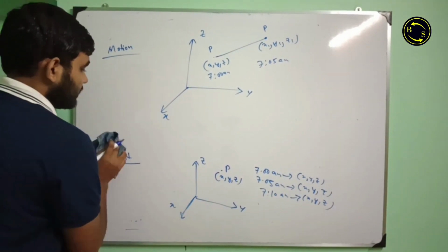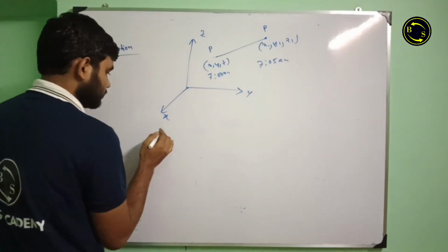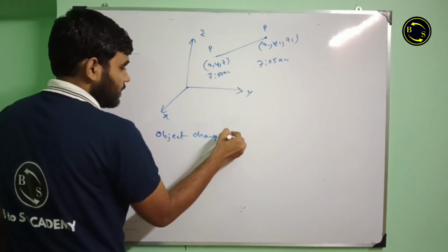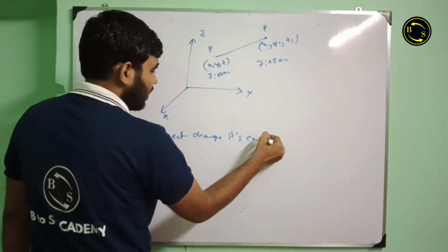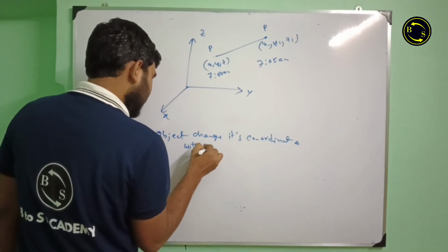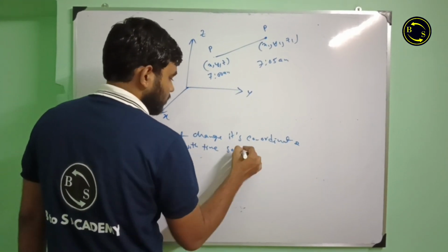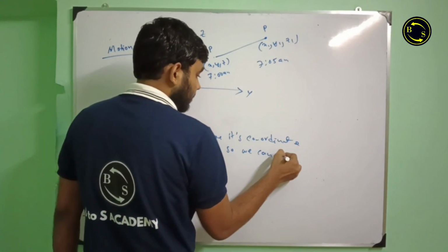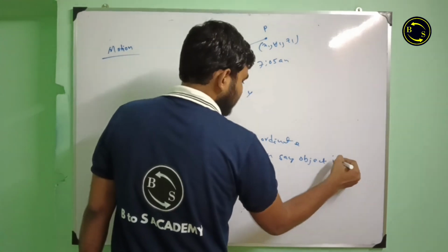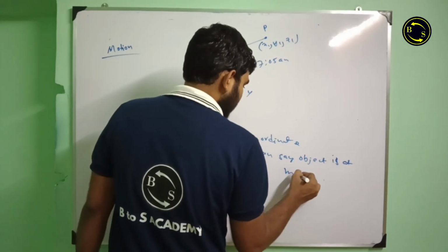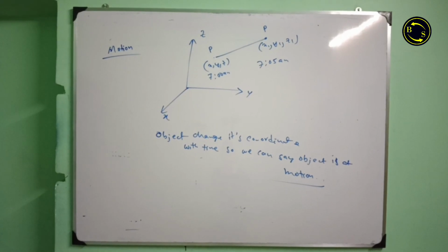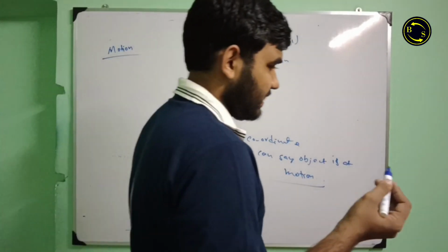So here the object changes its coordinate with time. So we can say the object is at motion. Okay.